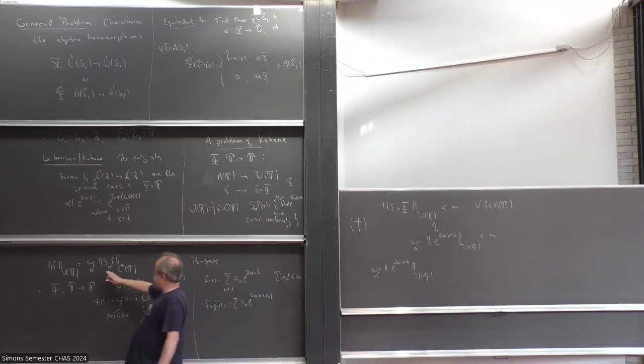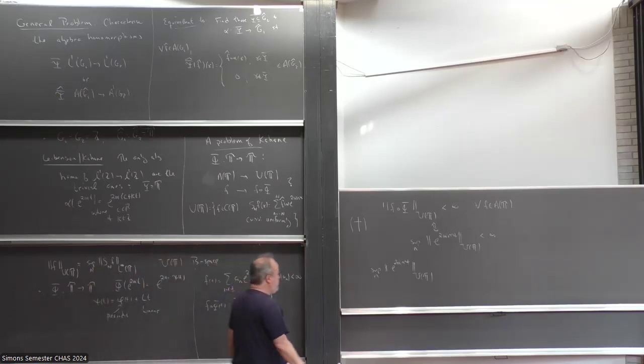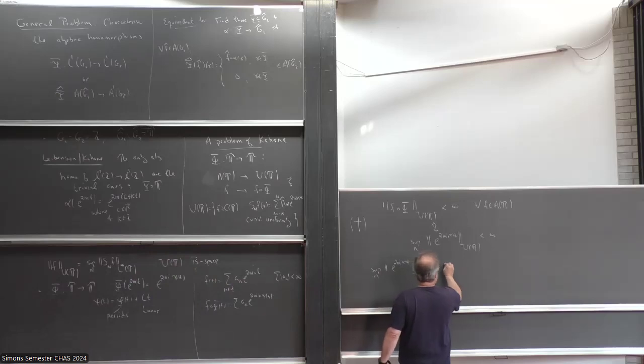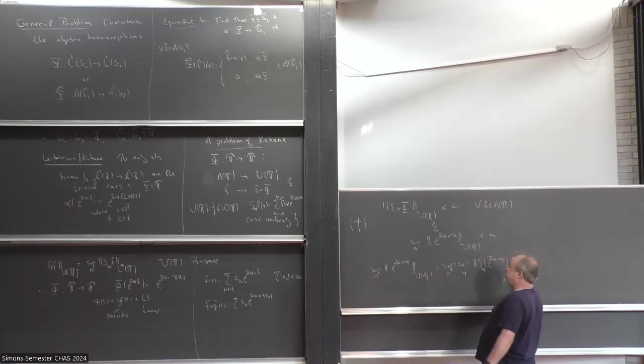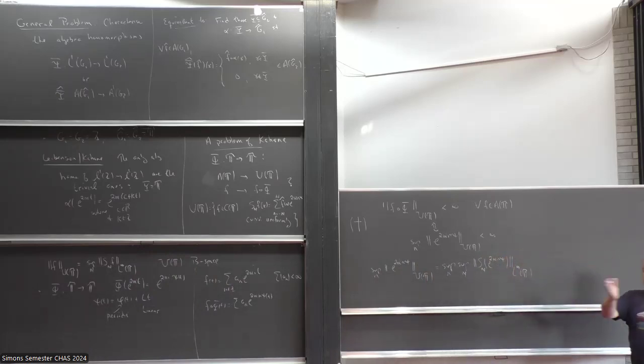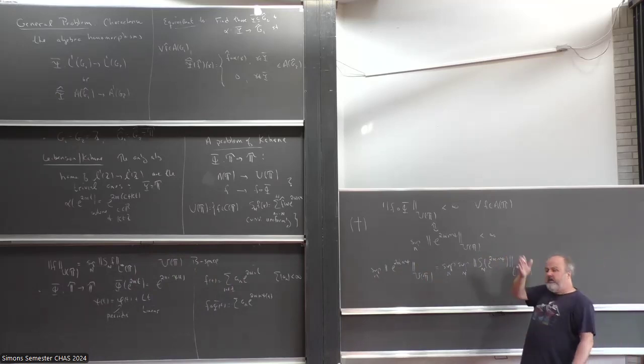Here it is on this board: it's a supremum in capital N. So now I have a double sup, in little n and in capital N. Then I have to take the partial Fourier sums of this pure oscillation, and then compute an L infinity norm, which is also a sup, a supremum as a function of the variable on the circle. So I get a sup.